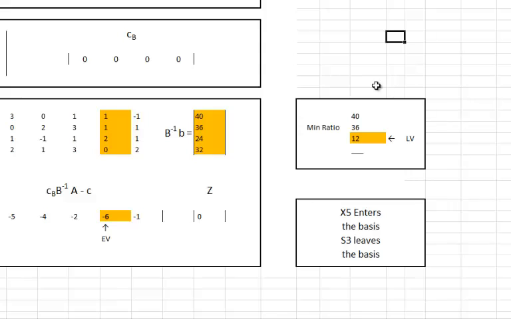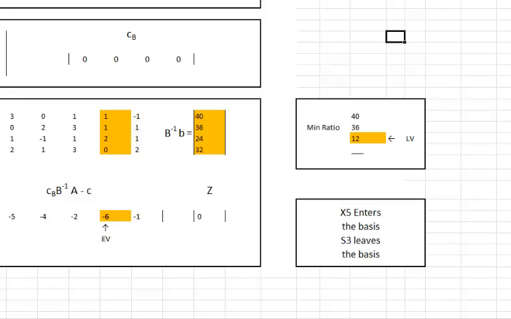The min ratio has been calculated here. The min ratio happens to be on the 3rd row, and the 3rd row is associated with the S3 in this basis. Therefore X5 enters the basis and S3 leaves the basis.